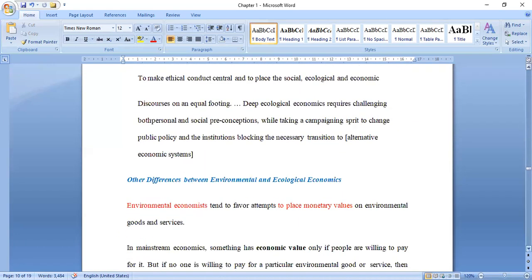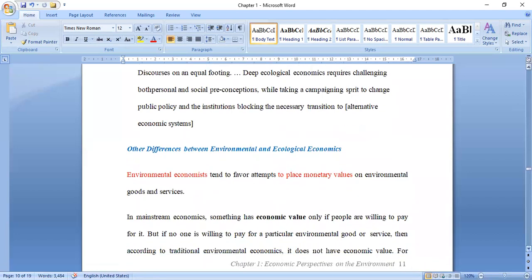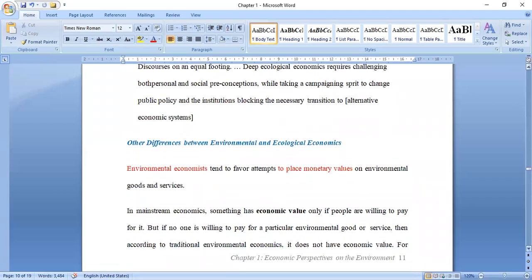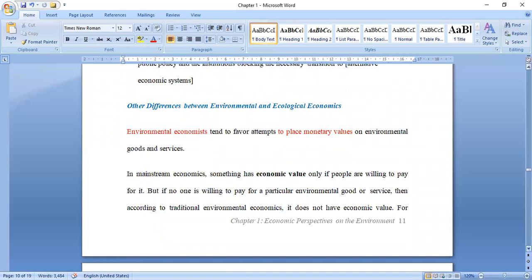So let us continue with the differences between environmental and ecological economics. Environmental economists, when they are looking at environmental goods and services, tend to place monetary value on them.